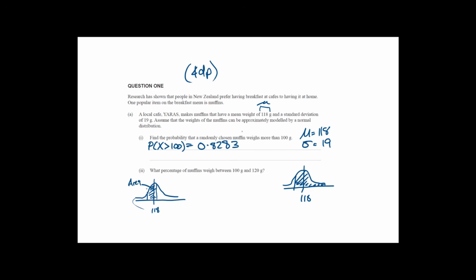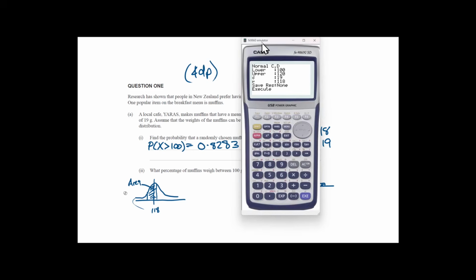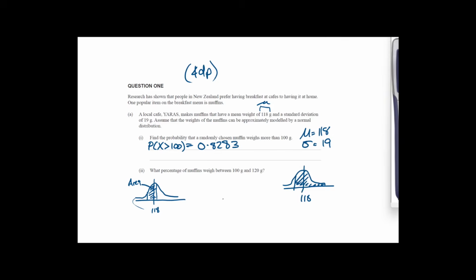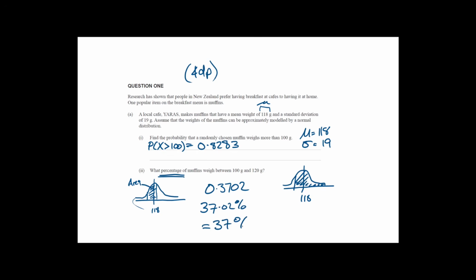Grab the calculator, execute, and it is 0.3702. They don't ask for that though, they ask for percentage, and you should be able to do that at this age. It's going to be 37.02%, which is pretty much equivalent to 37%.